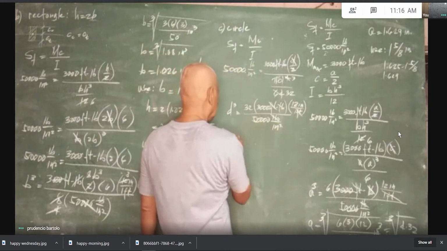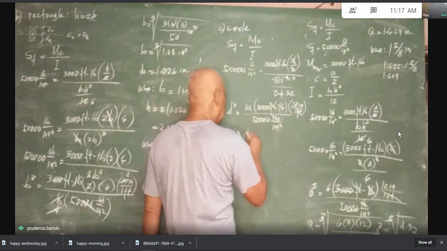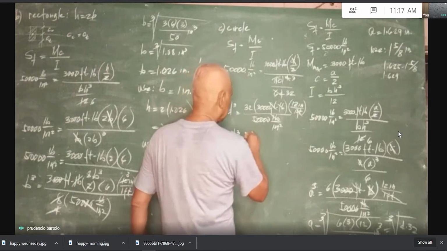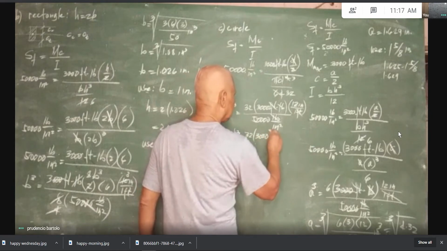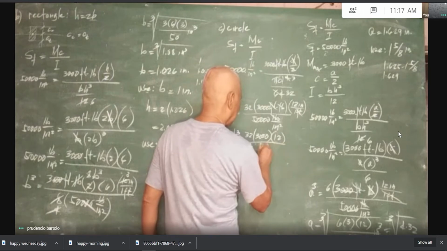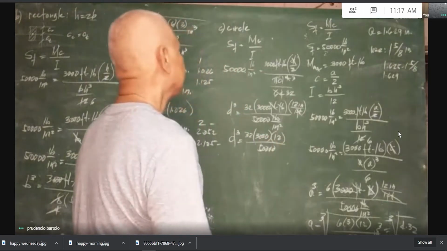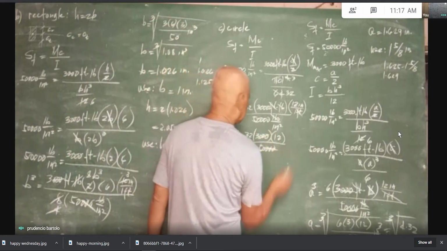So now, in terms of D, D cube is equal to 32 by 3,000 by 12 all over 50,000. The three zeros here can be cancelled out.